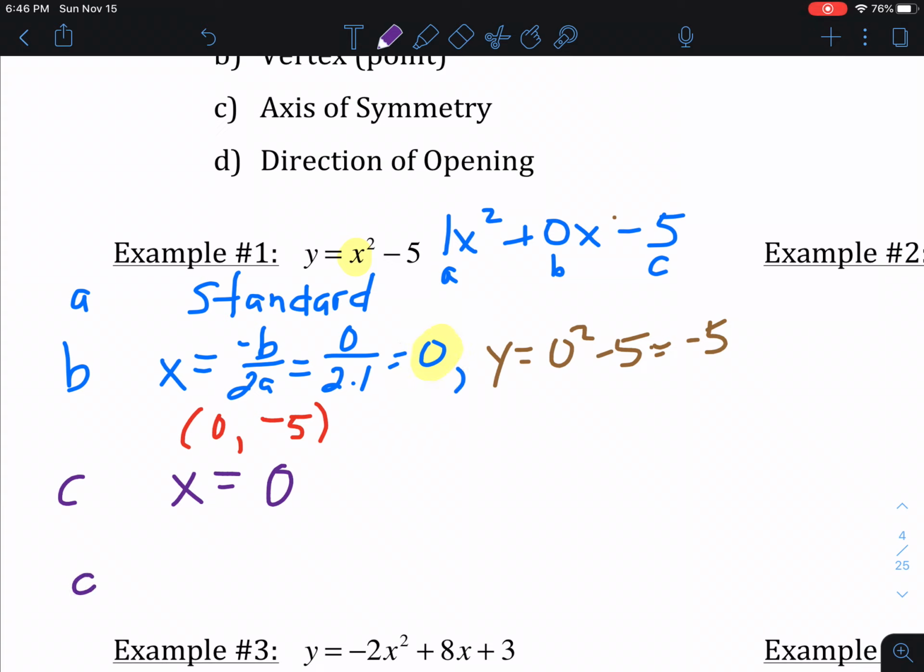And then letter D, the direction of the opening, is it going to open up or down? We take a look at A. A is an invisible 1. It's a positive number. Therefore, when we eventually draw this, it will open upward.